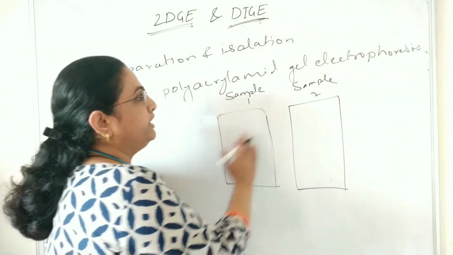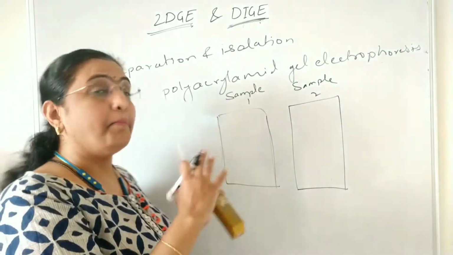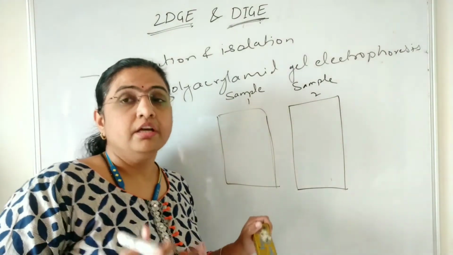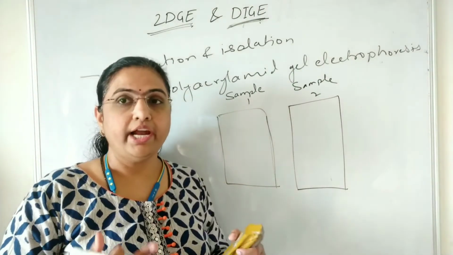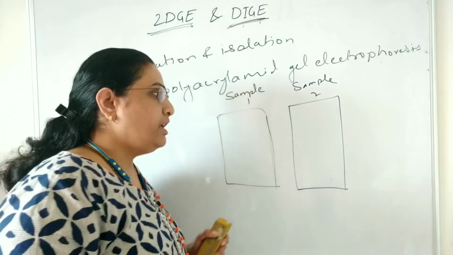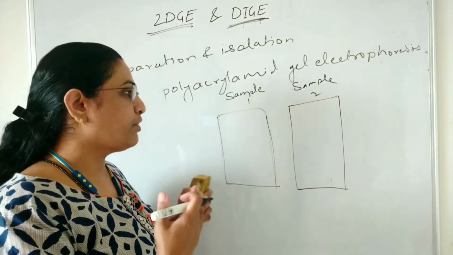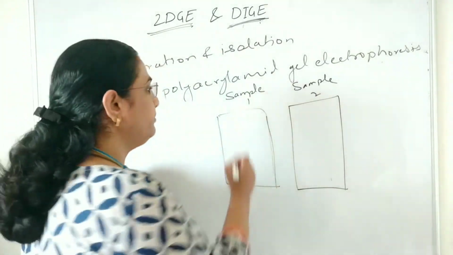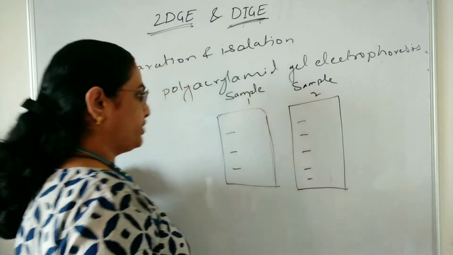When there is a comparison between two gels, gel matching software is used and the gels are matched. With the help of that gel matching software you are going to match the spots which we have got on the two gels.